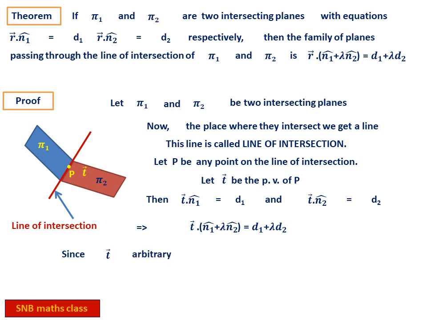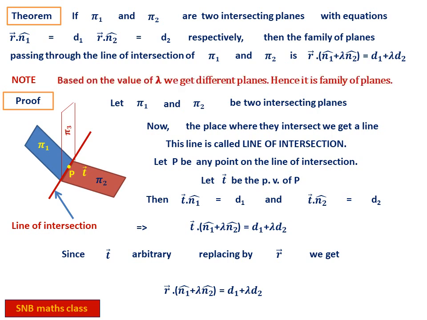Now since T is arbitrary, I have not taken any particular point, I have taken any arbitrary point. Replacing this T by r, we get the equation of the plane. But please understand here, suppose you take different values for lambda, you get different planes.